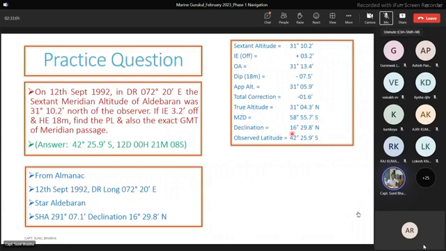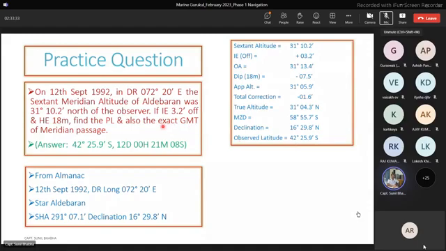The declination as obtained from the almanac is 16 degrees 29.8 minutes north. So combining the MZD and declination, they are of opposite names. So bigger minus smaller gives us the observed latitude as 42 degrees 25.9 minutes south. So we have obtained the observed latitude, we have obtained the position line, direction of the PL is east-west.